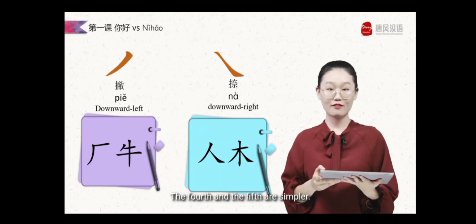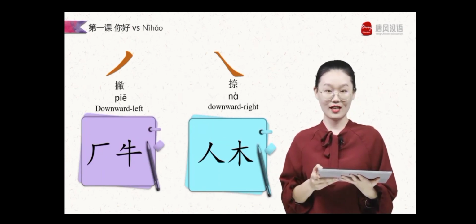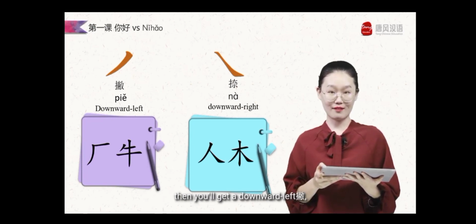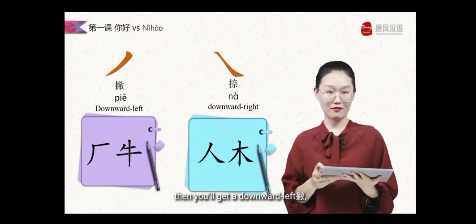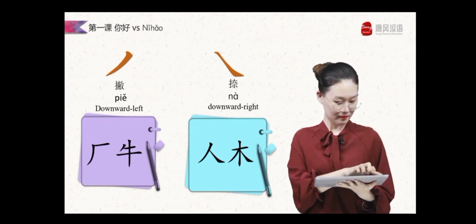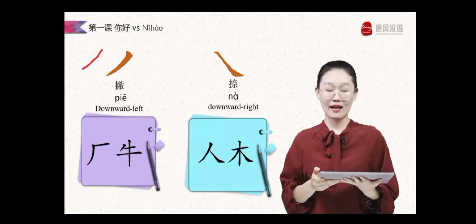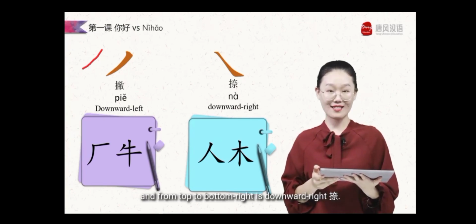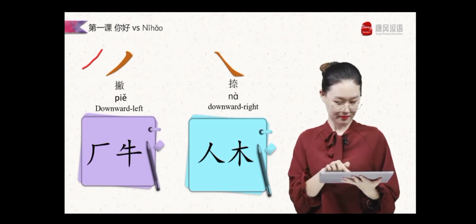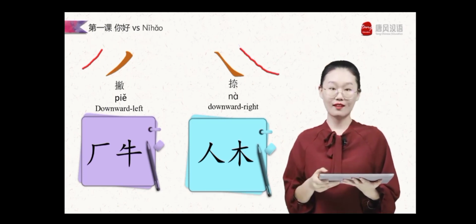The fourth and the fifth are simpler. When writing from top to bottom left, you'll get a downward left, 撇. And from top to bottom right is downward right, 捺.